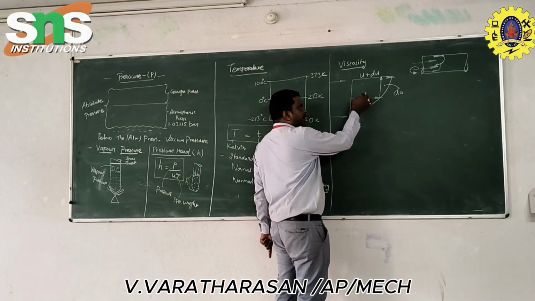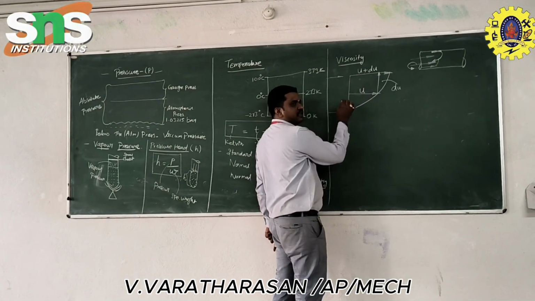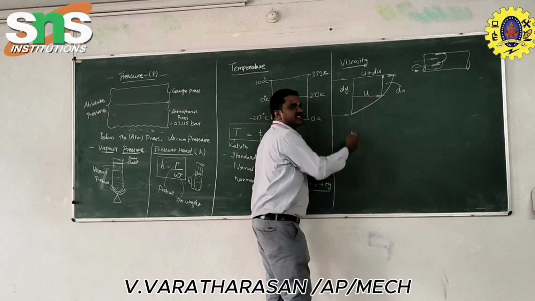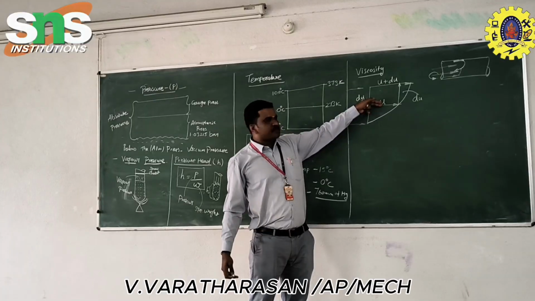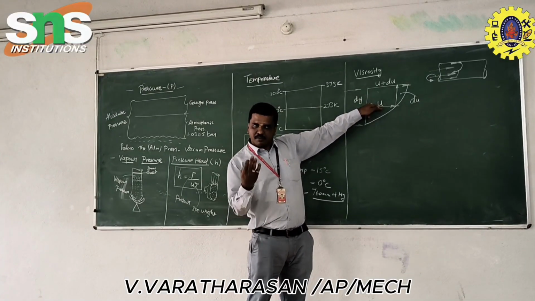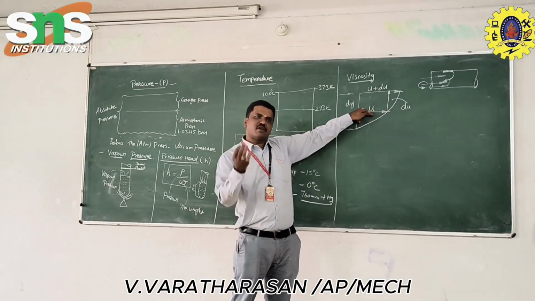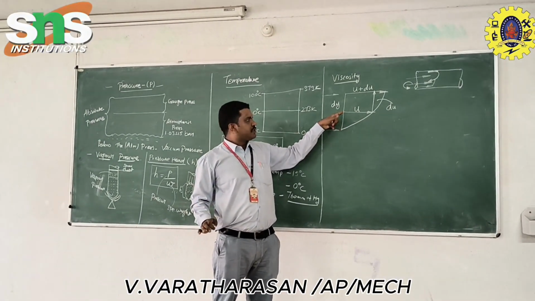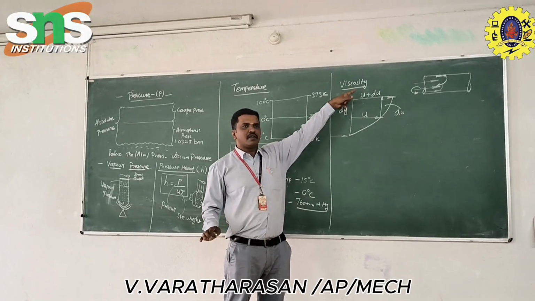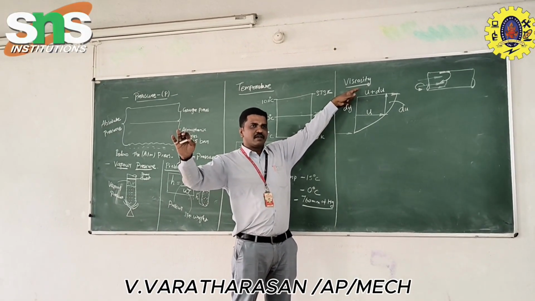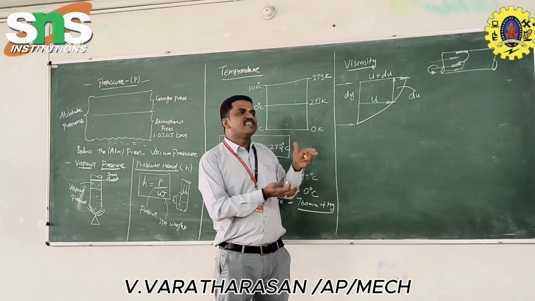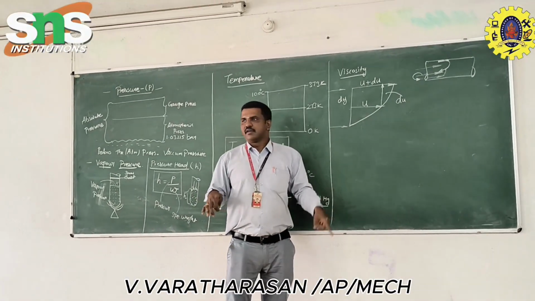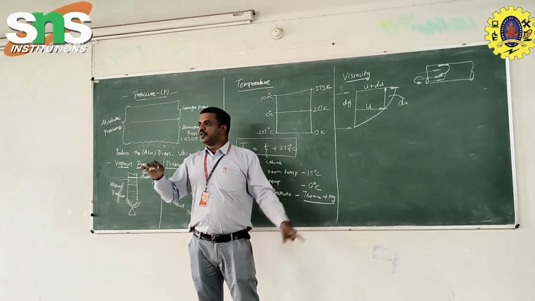The difference between the initial velocity and the final velocity is du. And dy is the exact distance between the fixed layer, the bottommost or initial layer, whatever it is, and the last layer. That distance between these two layers is denoted as dy. Am I right or not? So du and dy.